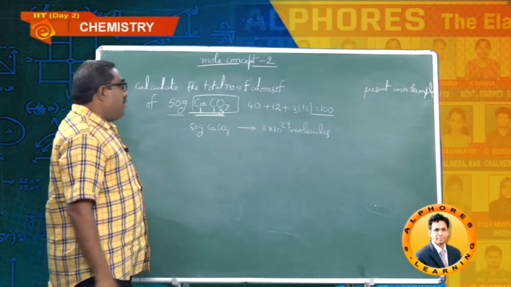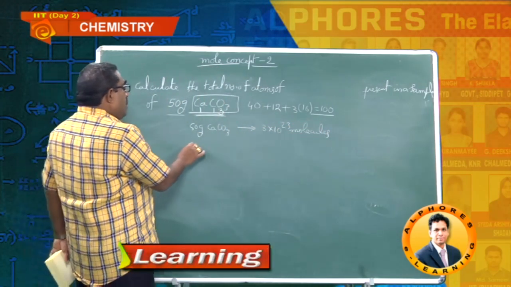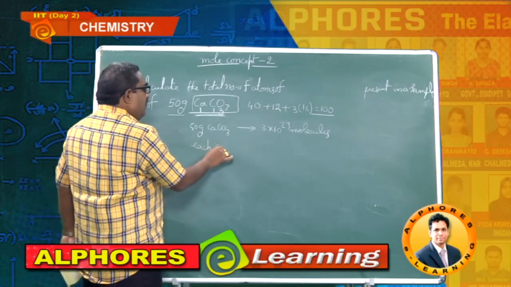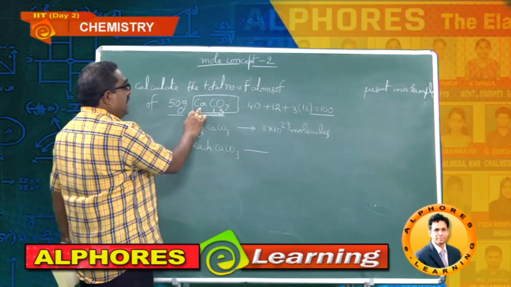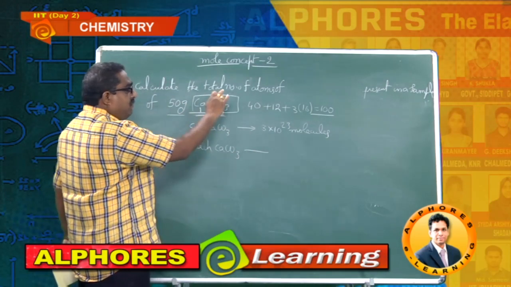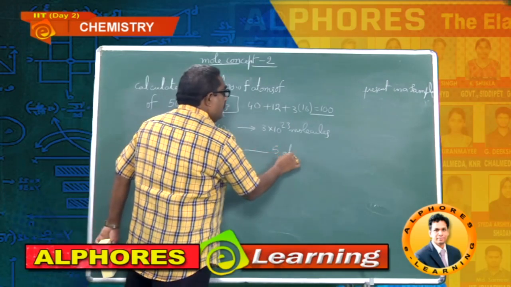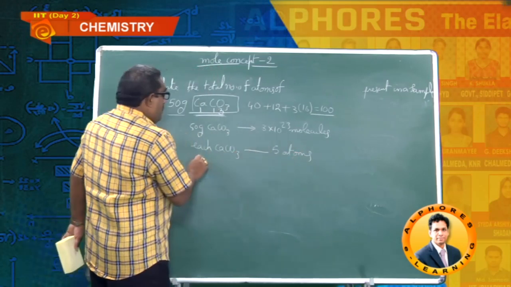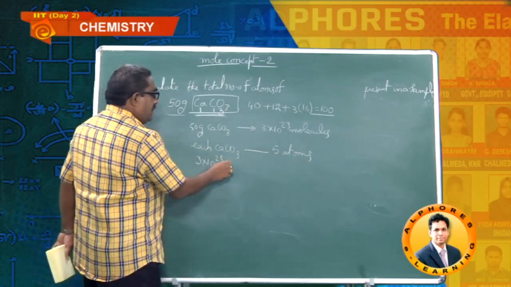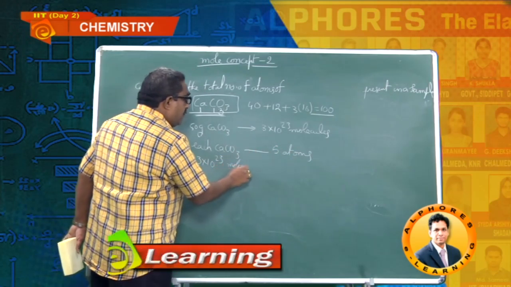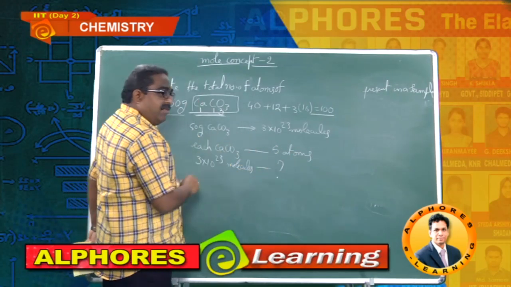Now we know each calcium carbonate contains how many atoms? 1 calcium, 1 carbon, 3 oxygen, total 5. So 5 atoms. How many such molecules are there? 3 into 10 power 23 such molecules are there. Then how many atoms?